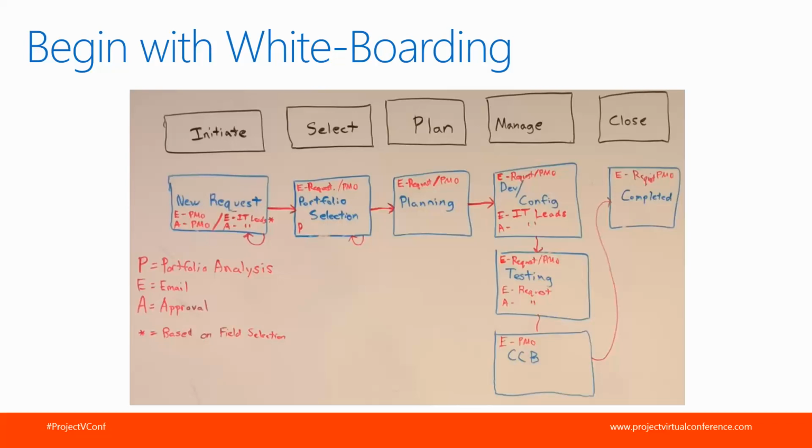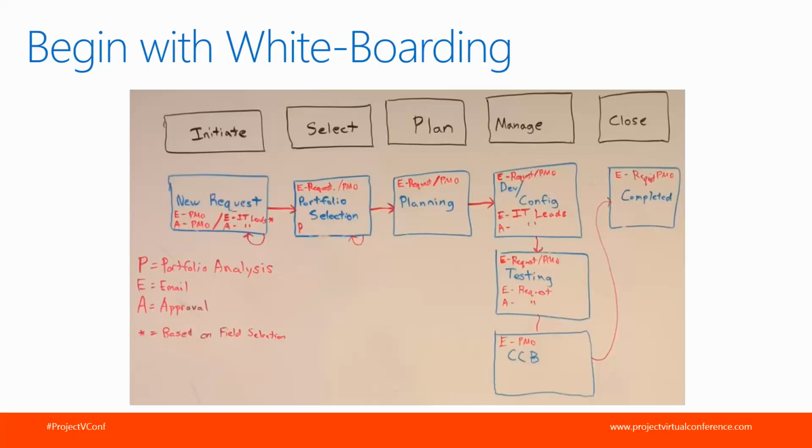That's the strategic selection of projects, where you might want to send emails, where you might have an approval, and then anything maybe you want to asterisk based on something that you have to do based on field selection, moving a project forward based on information that gets filled out, etc. So really, whiteboarding gives you a great tool for sitting in a room of PMO stakeholders, identifying those phases, stages, and the actions in between.